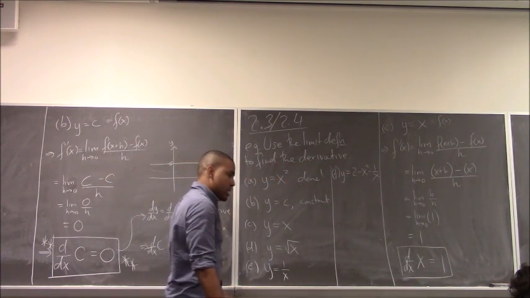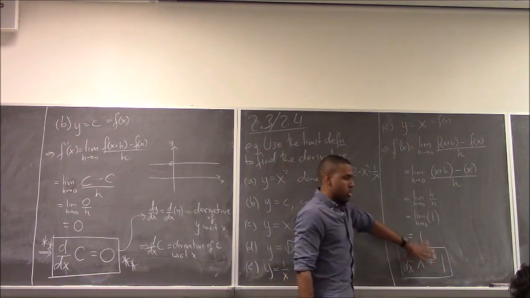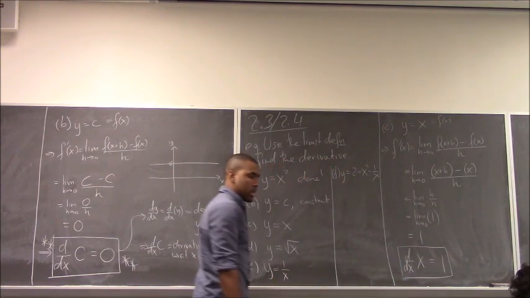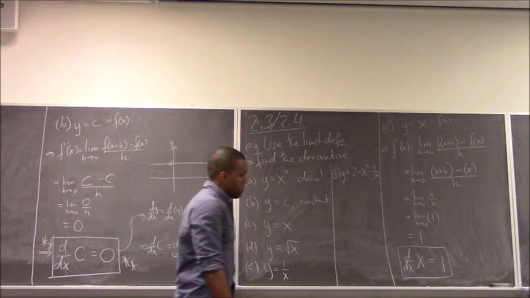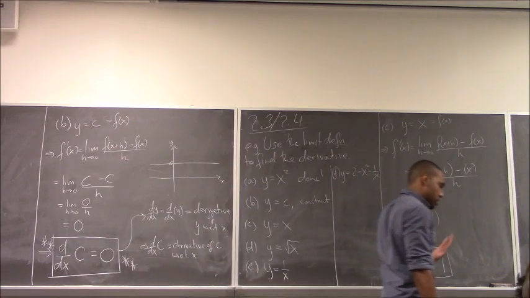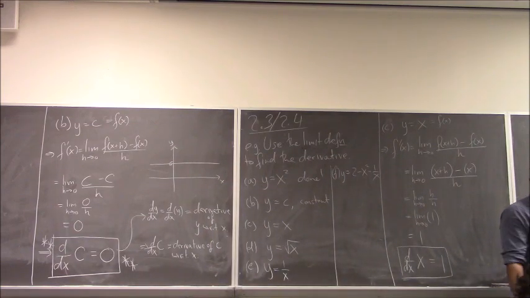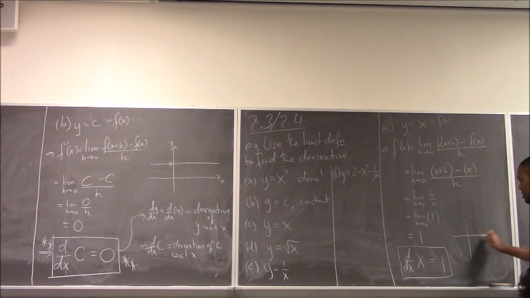Now that's something that's nice to know. I will be giving you a more general rule regarding things like this called the power rule, which you can apply here. But it's nice to know that the derivative of x is 1. It shows up often enough for you to actually just know that and memorize that as a rule. And again, that makes sense. If you're looking at y equals x, then the coefficient is 1. The slope of the function y equals x is 1.